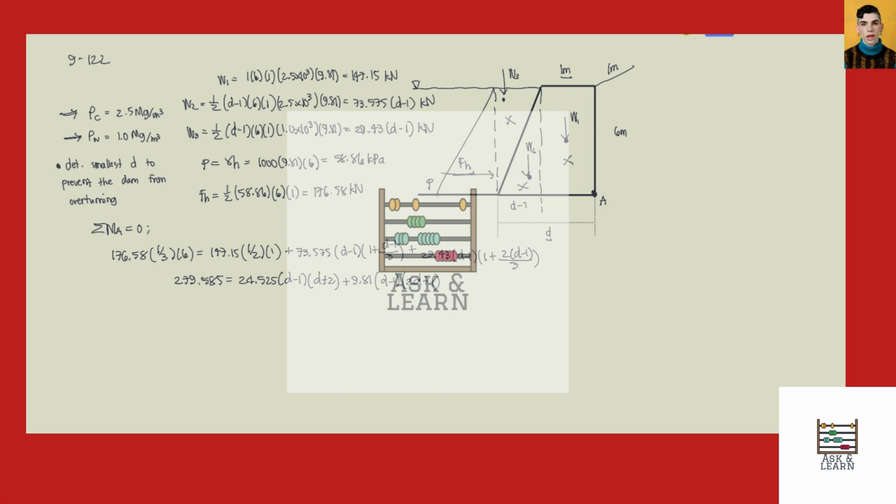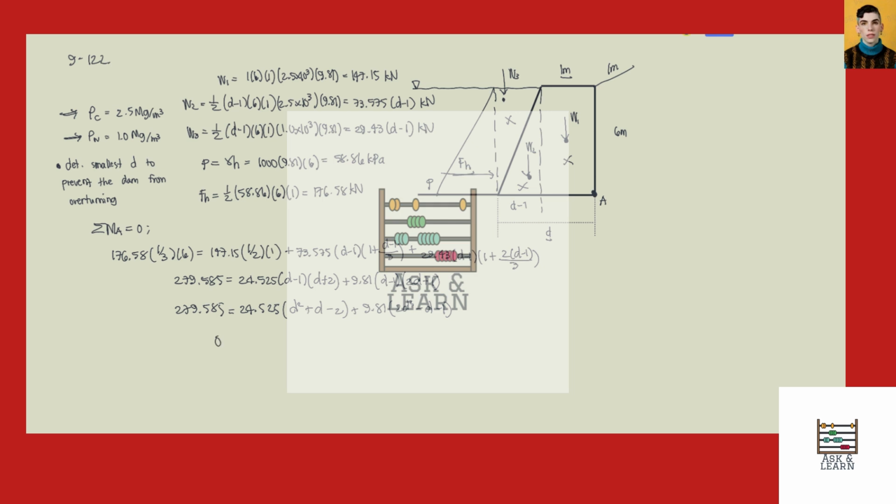So further simplifying this, we have 279.585 equals 24.525 times d squared plus d minus 2, plus 9.81 times 2d squared minus d minus 1.